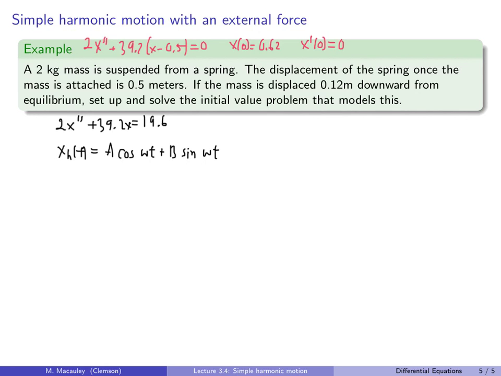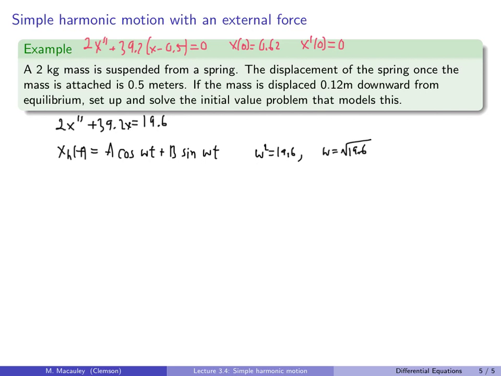So if I divide through by 2, I get 19.6 x, and that's omega squared. So notice that omega squared is 19.6, so omega is the square root of 19.6. So instead of writing the square root of 19.6 everywhere, I'm going to leave it as omega and just tell you what omega is throughout. I think that's easy.